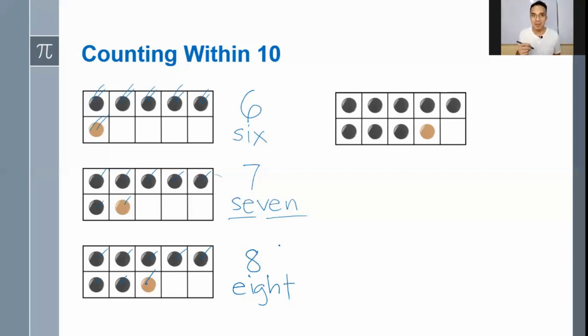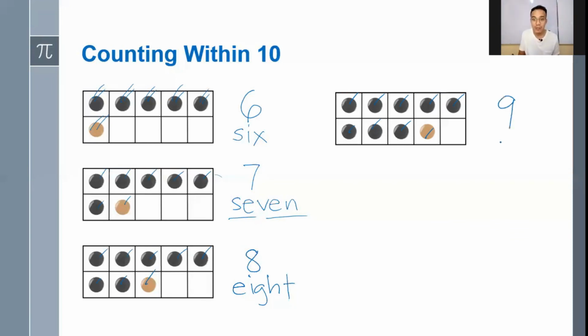Next, the number that comes after 8 is, let's count first. 1, 2, 3, 4, 5, 6, 7, 8, and 9. So the next number is 9, and to write number 9, we have 9.